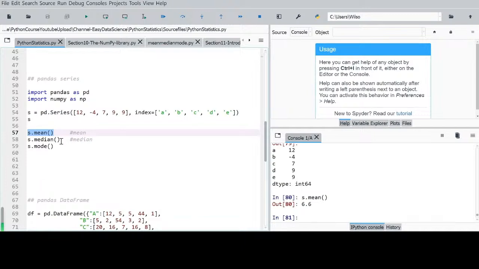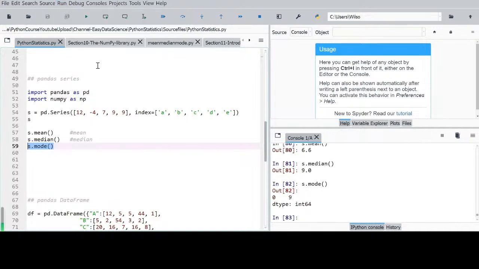Similarly, we can also use s.median to get the median of this series, which is 9. And we can also calculate the mode, just use s.mode. So the mode of this series is also 9.